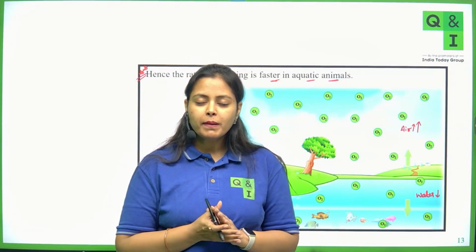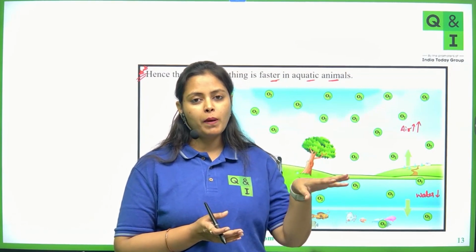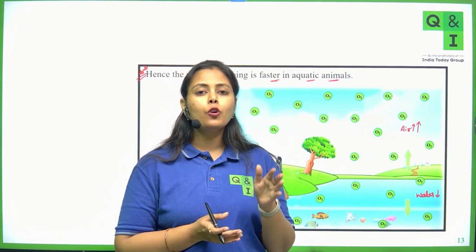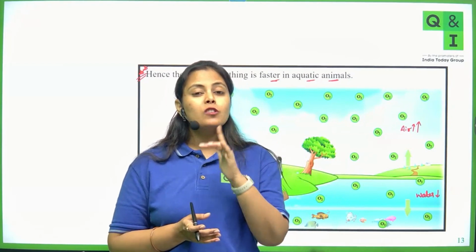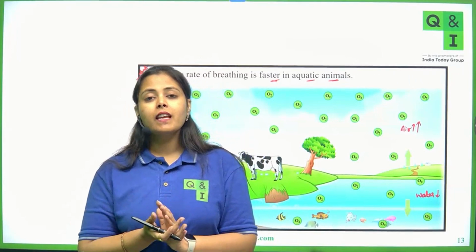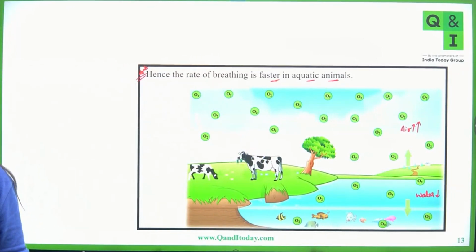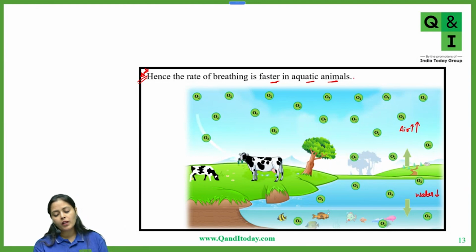However, if the person is able to divide the 10 chapatis into two slots, 5 and 5, or even eat them at once, that's different. Similarly, the rate of breathing becomes faster in aquatic animals because in one go they cannot take in the required amount of oxygen, as the dissolved oxygen in water is very low. That's why their rate of breathing is faster. This is a very, very important concept. Have you people understood this? Yes or no? Unmute yourself and say yes or no.